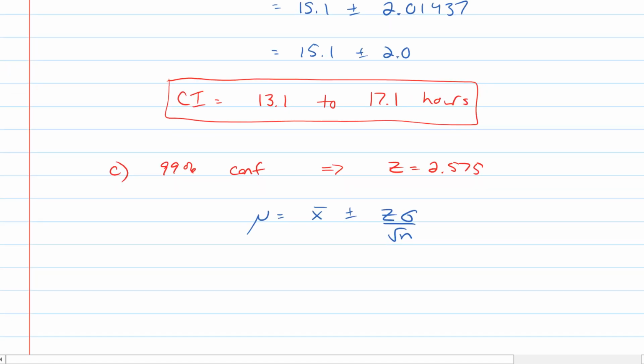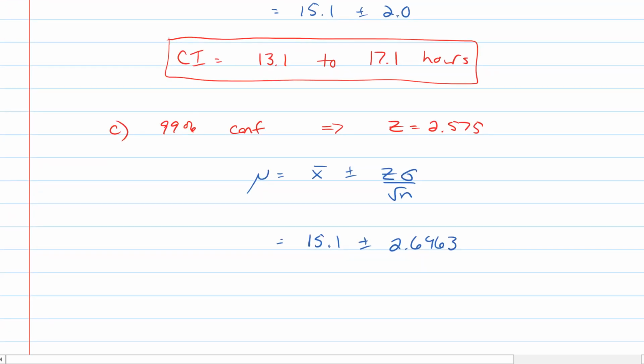And again, same calculation, but replacing with our new value of z, and you get 15.1 plus or minus 2.64643. And then appropriate rounding again says 15.1 plus or minus 2.6.